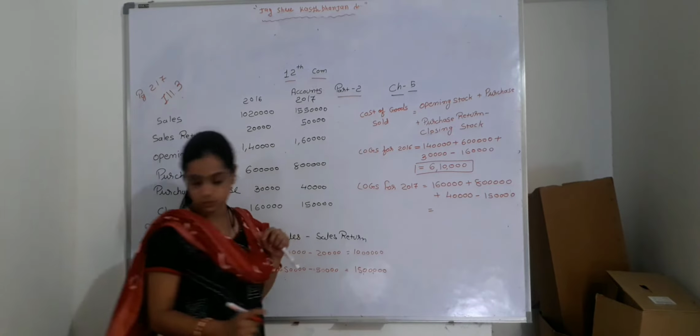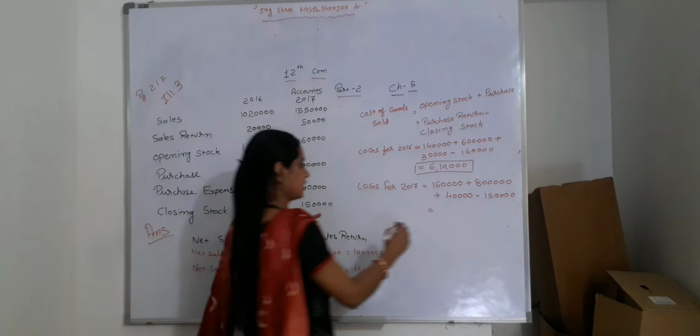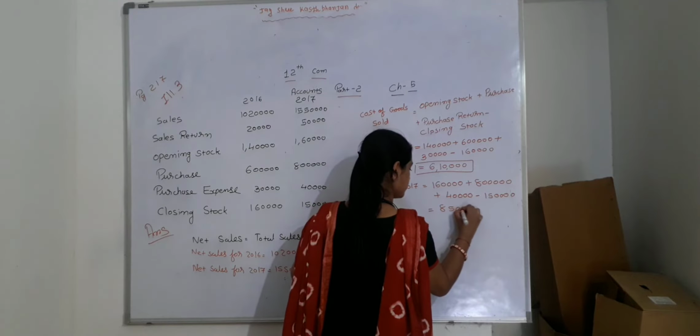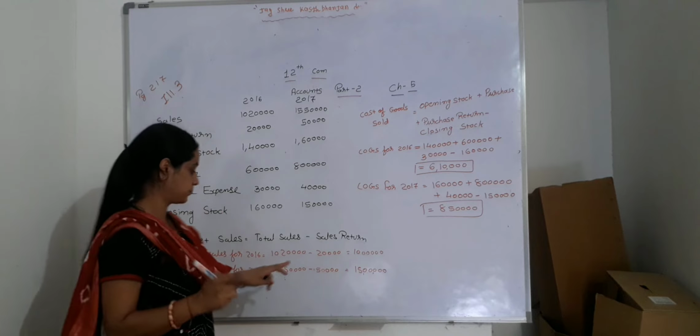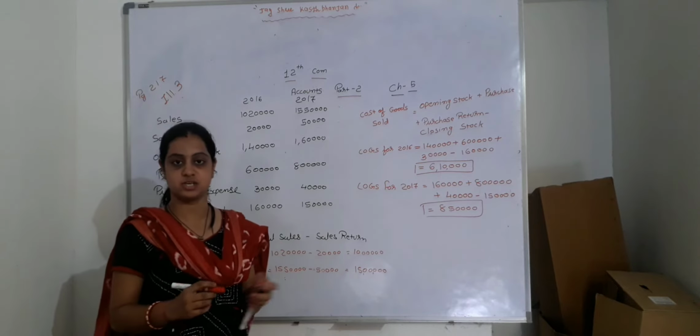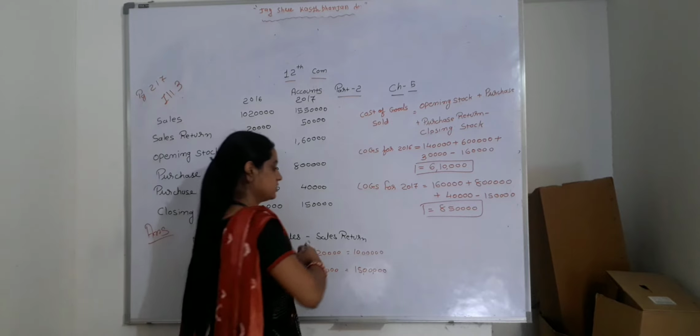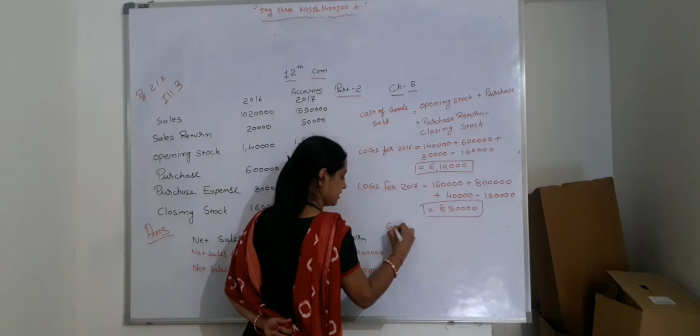That means we get the answer 8,50,000. Now we got both net sales and COGS. That means we can find gross profit from that.